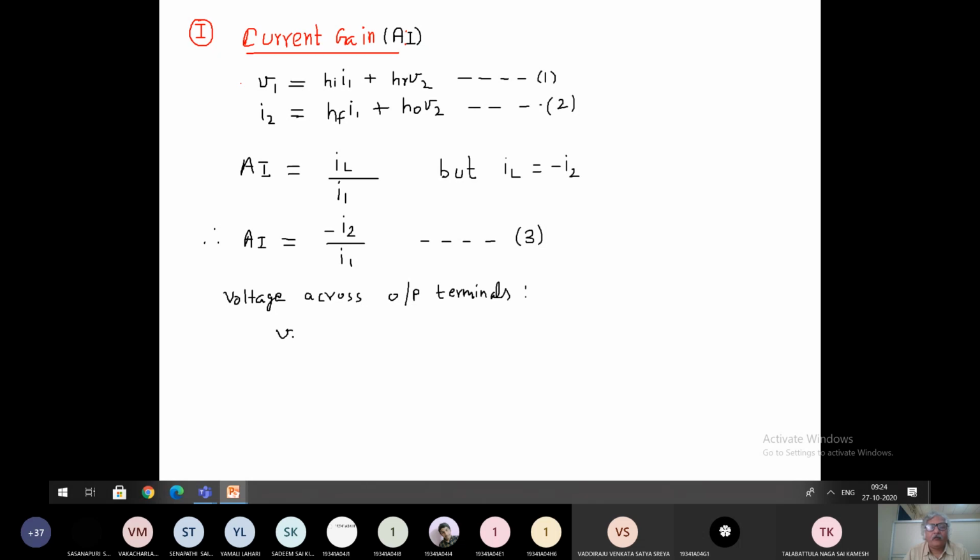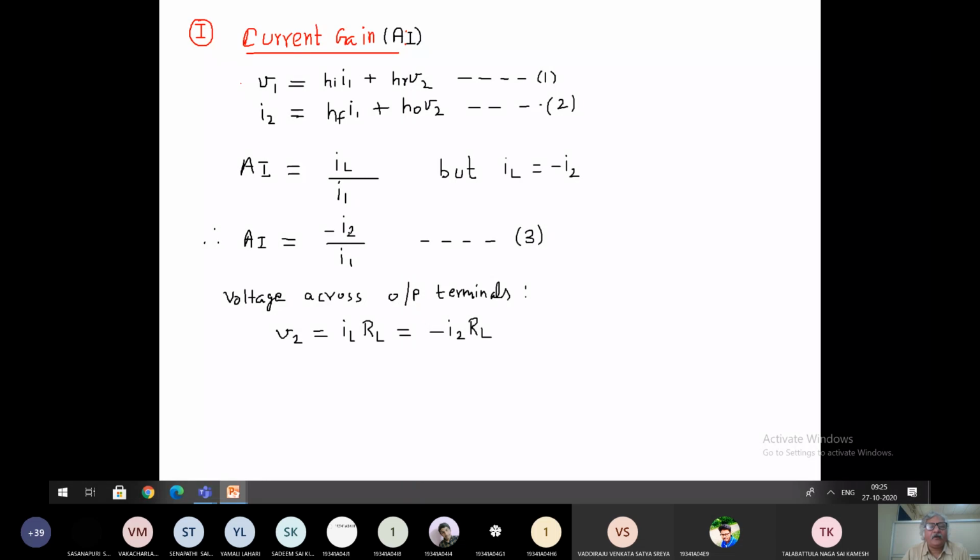This V2 is equal to IL into RL, and this is equal to minus I2 RL. Okay. So now V2 is equal to minus I2 RL.